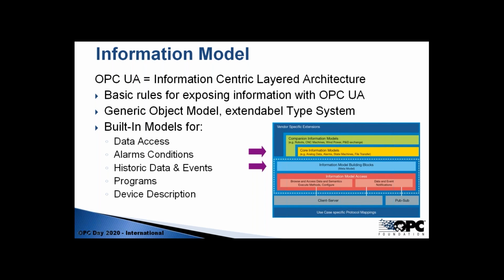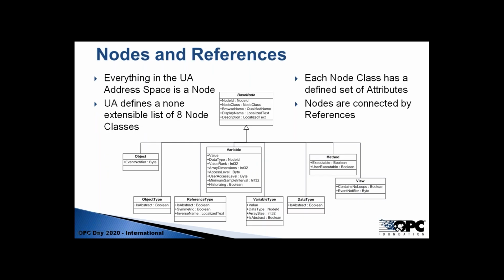We have a built-in model for programs, and we have also a core specification for the device description. So the OPC Foundation has defined the rules and some information models already. Those we call the core information models.